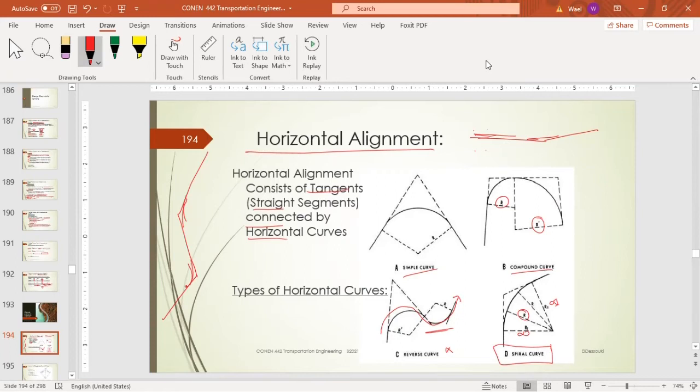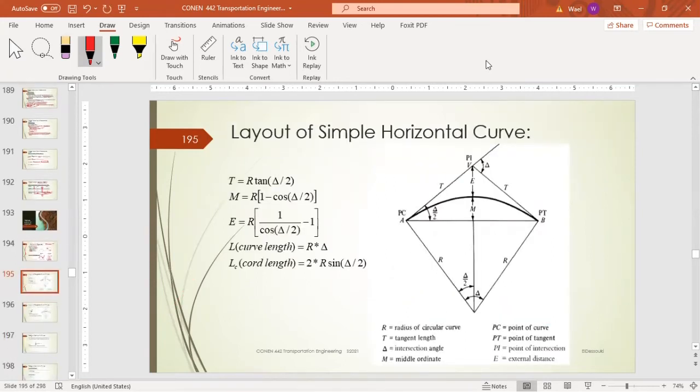So before we start on the horizontal curves, we need to revise a few elements. This is the horizontal curve. It has a radius, and it has a deflection angle, delta. The delta here is equal to this angle of the curve here. At delta over 2, this line will be perpendicular to the chord line.